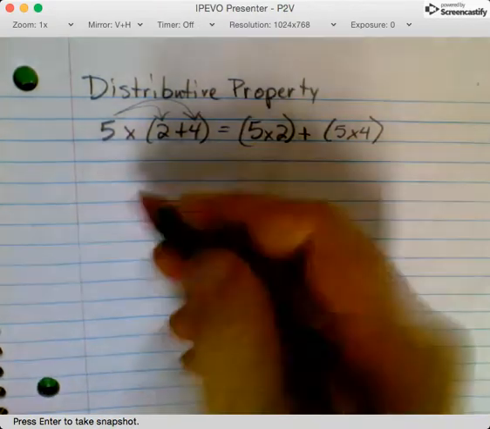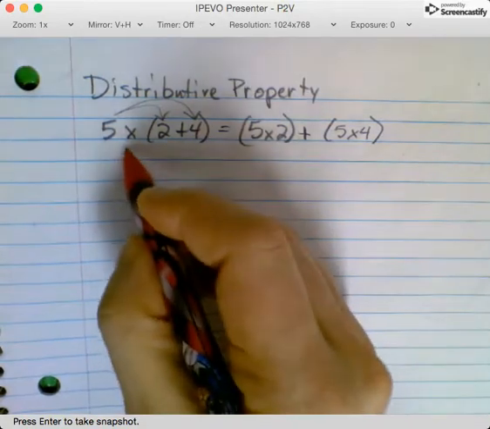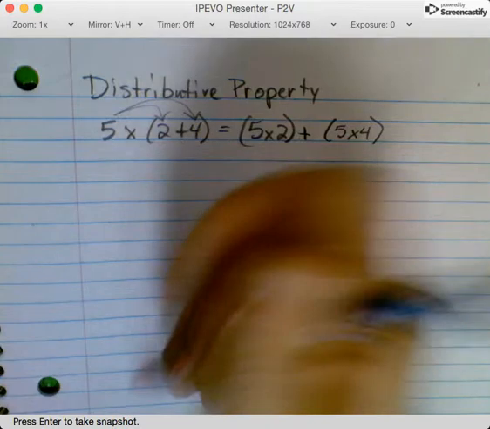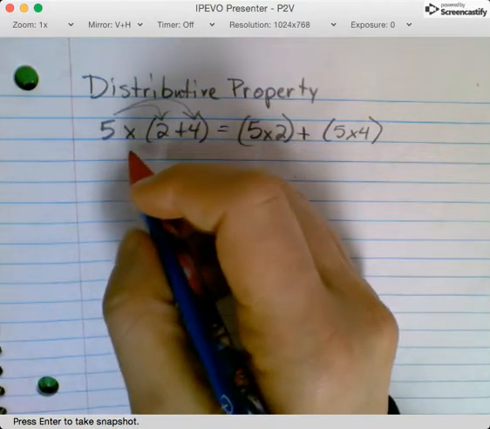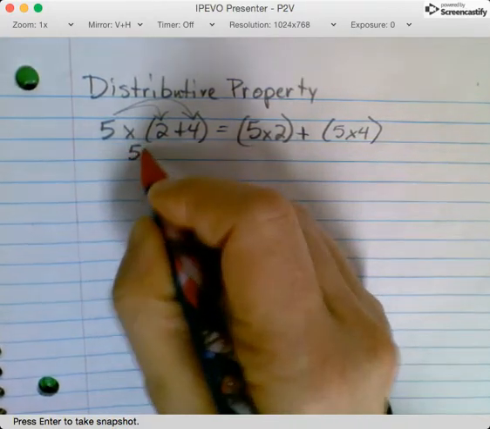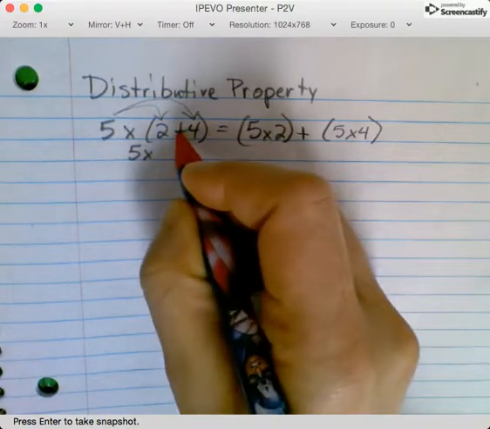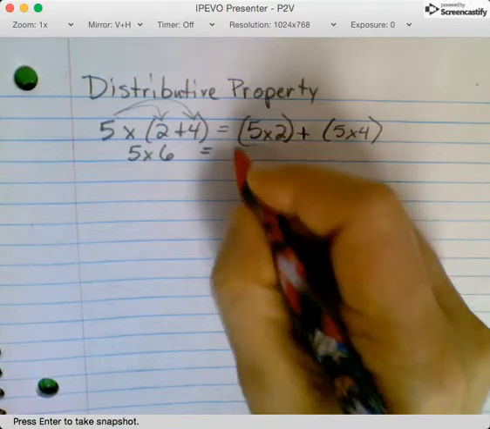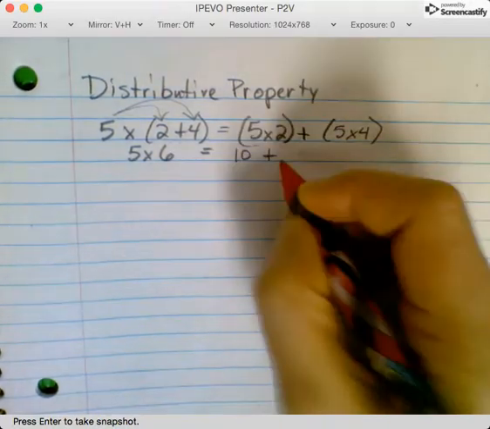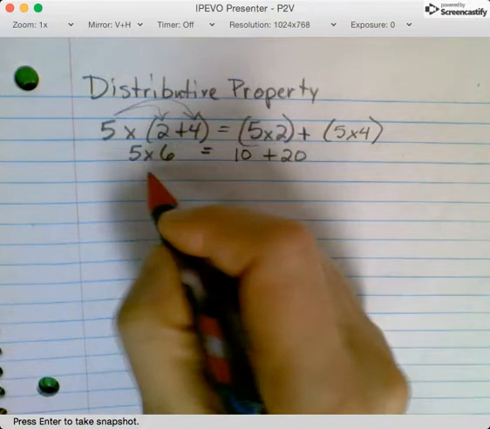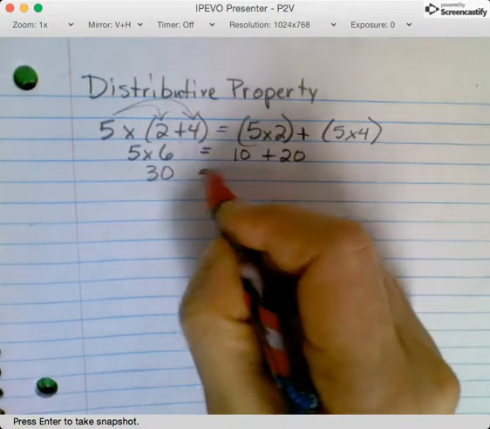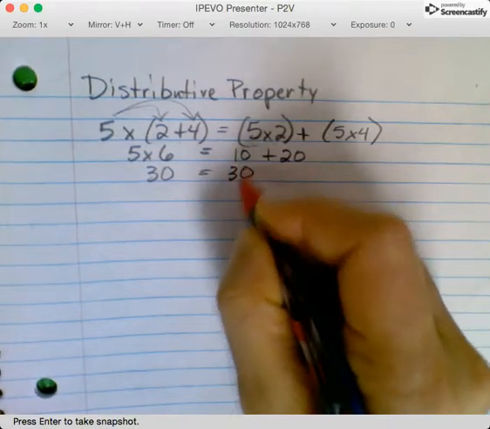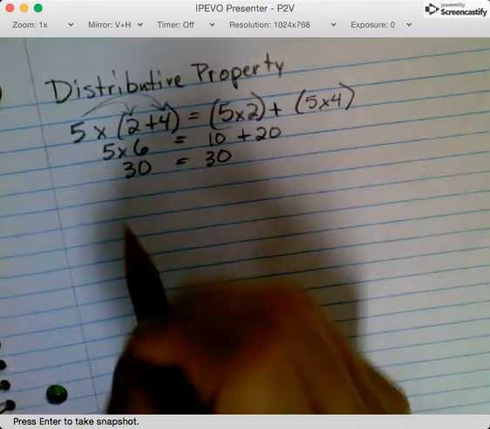Okay, and I'm going to show multiplication by just my number on the outside of parentheses just to save time, but that would be the same thing as 5 times, well, 2 plus 4 is 6, so 5 times 6, and then 5 times 2 is 10, plus 5 times 4 is 20. 5 times 6 is 30, and that is the same thing as 10 plus 20, which is also 30. Okay, so a few examples.